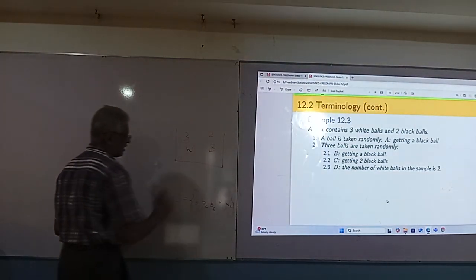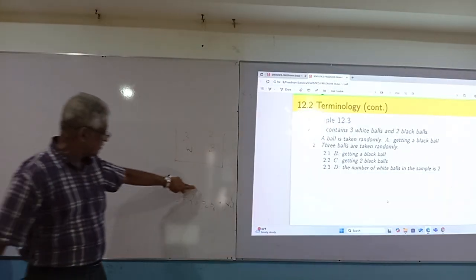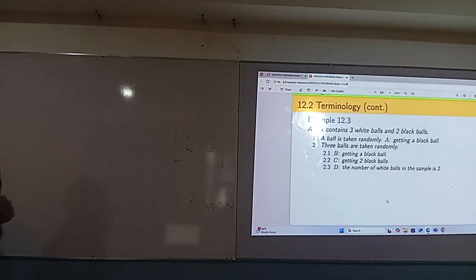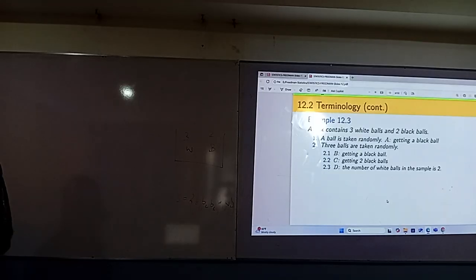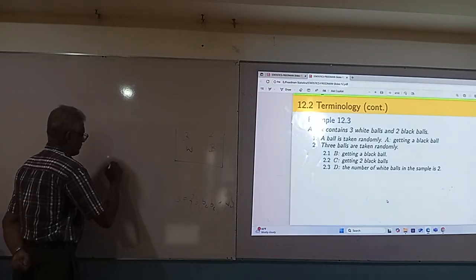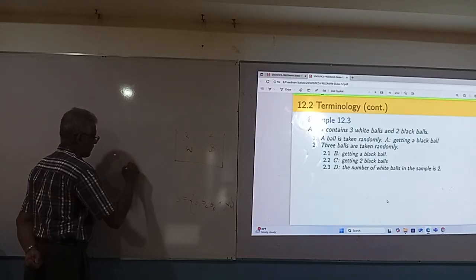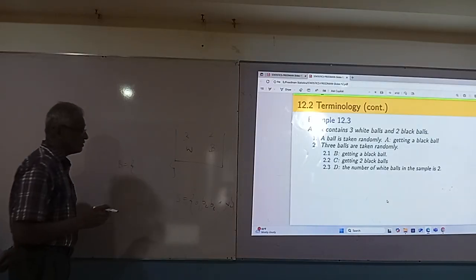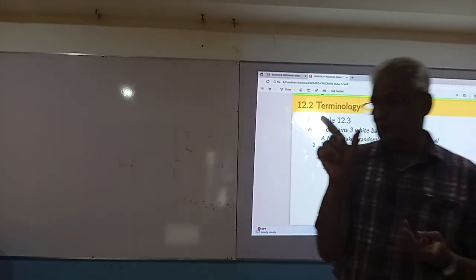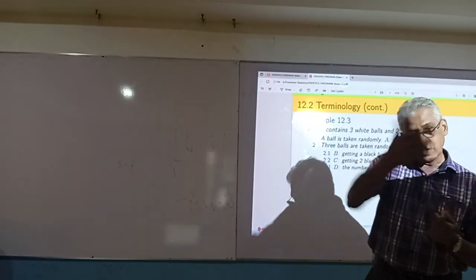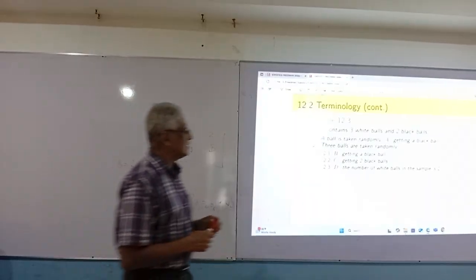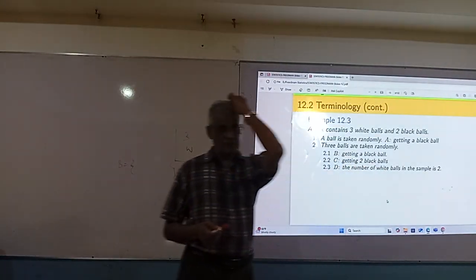So if you consider this sample space, how do you write down event B? Getting a black ball. B1, W1, W2. Getting 3 balls, so the outcome will have 3 things in it, but one of these has to be black. Getting a black ball.